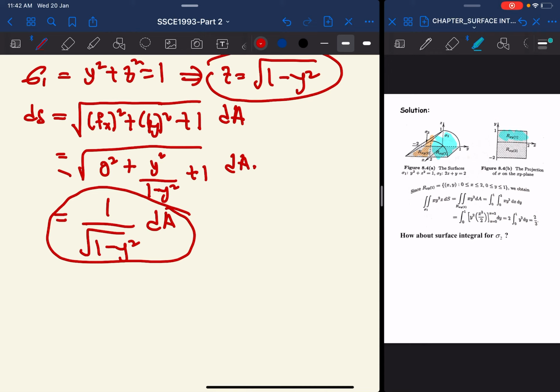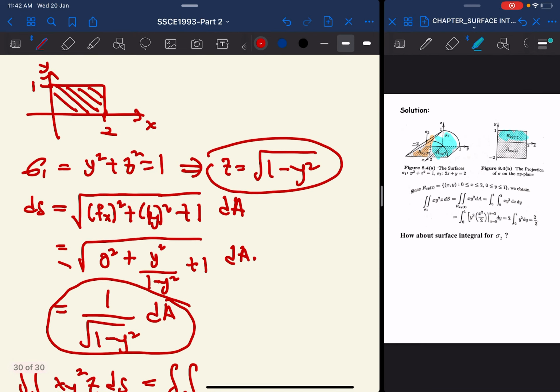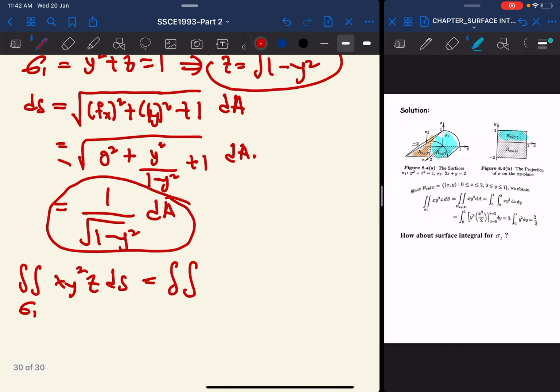So for the given question, let's solve for the first surface, the integral of x y squared z dS. You have no problem getting the limits because it is just a rectangle, meaning the limits for both x and y are constants. Since we have changed dS into dA, it will only involve x and y, so you have to change z.